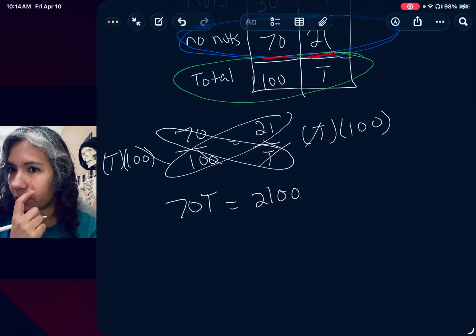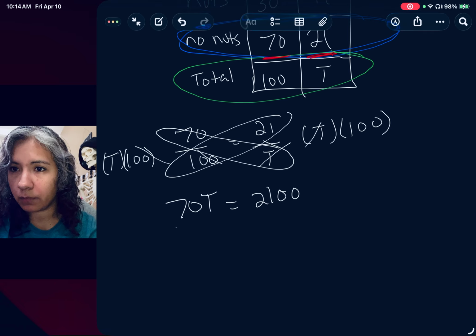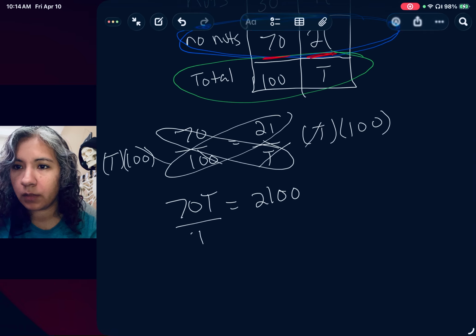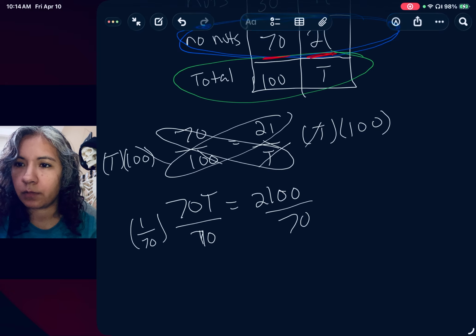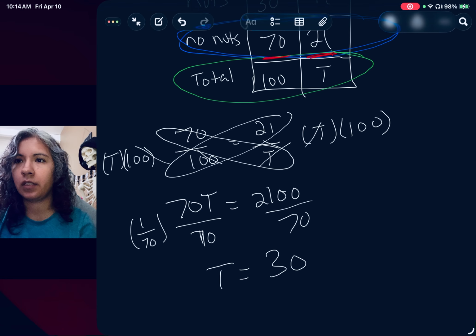So now we want the t by itself. So to undo multiplication, 70 times t, we are going to divide by 70. Or you could also do the reciprocal, 70 multiplied by that. So we'll have t by itself. 2100 divided by 70 is 30.